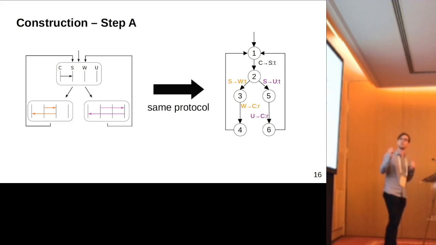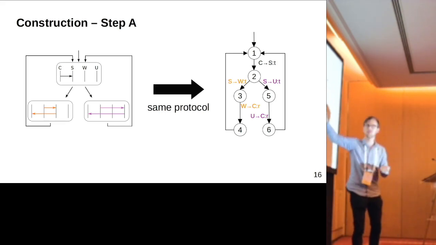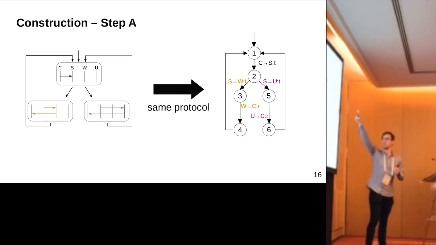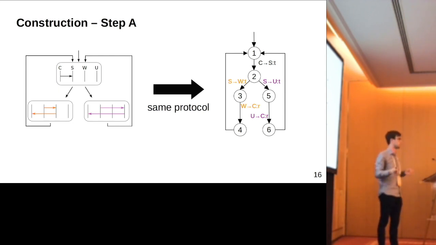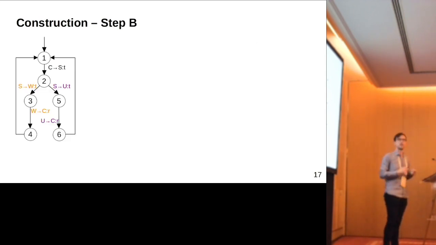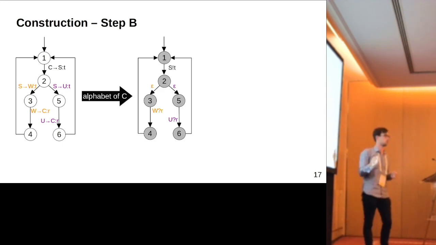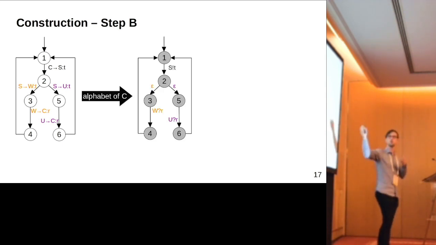So the first phase has two steps. Step A, we translate this high-level message sequence chart or global type into an automaton. And we label the states, which you can think of as the global points of the protocol you could be in. And then the second step is you take this automaton and you project it onto the alphabet of the client.